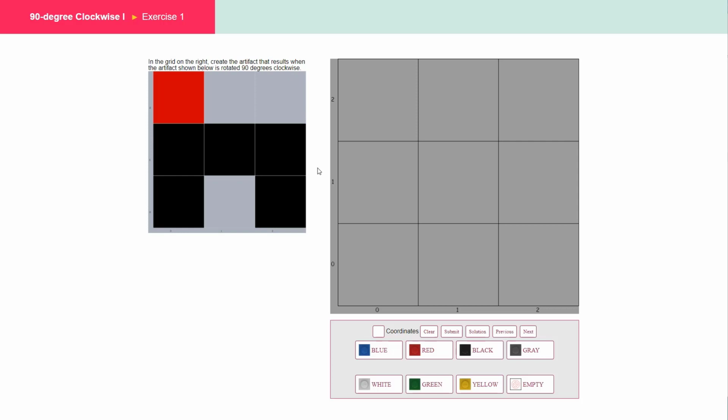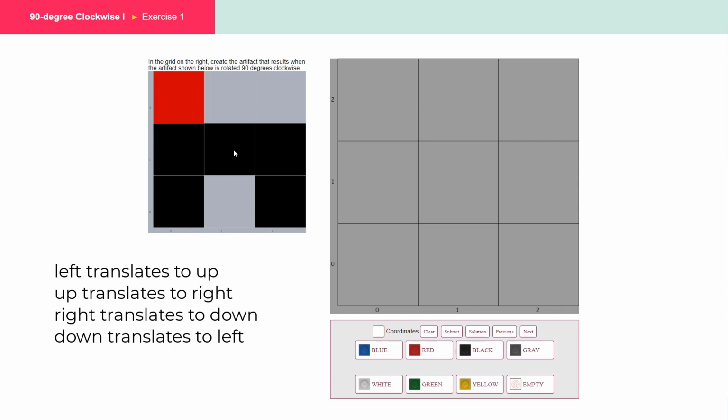Now let me tell you one algorithm that you can use to translate cell by cell. If I'm here in the unrotated form of this artifact, I can start from the center and say, what directions do I need to follow to get to a particular cell? To get to this red cell, I would have to go left and up, right? Now imagine that this box had been rotated so that this right side is touching the ground.